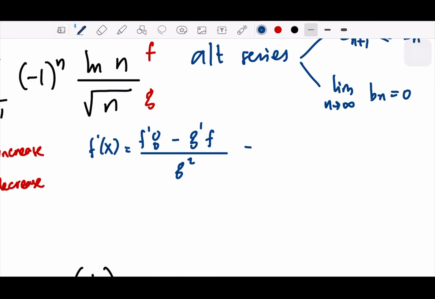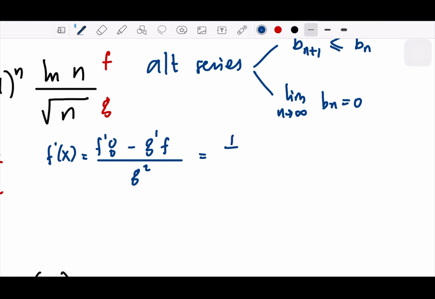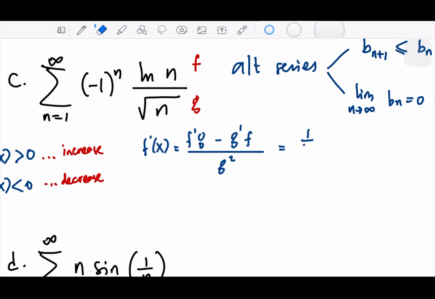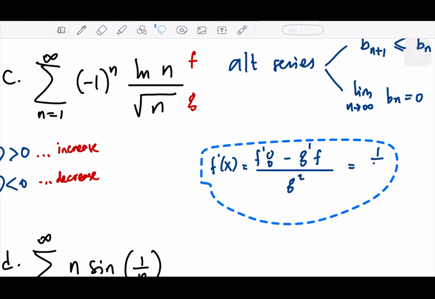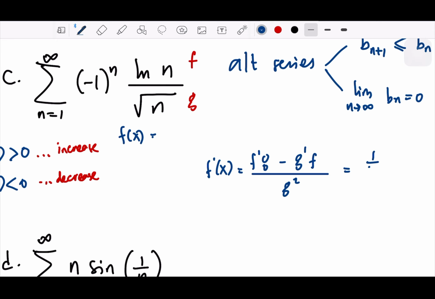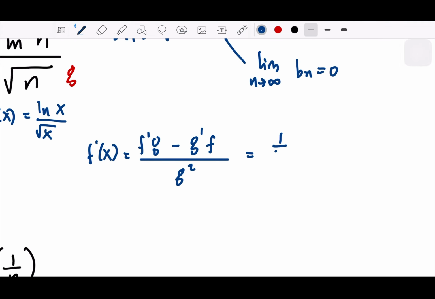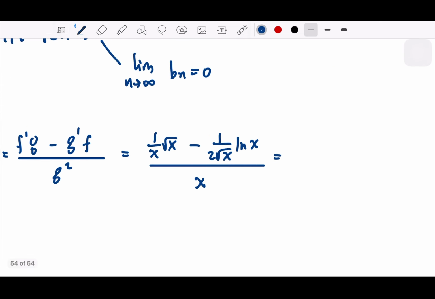This will be 1 over n, and then, if you want to make it into x, so maybe to differentiate between our calculations, this will be 1 over x square root of x, minus 1 over 2 square root of x times ln x, and divided by x, and we can simplify this.